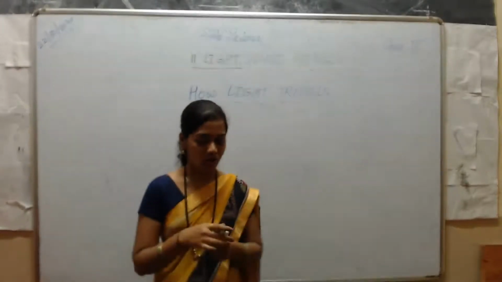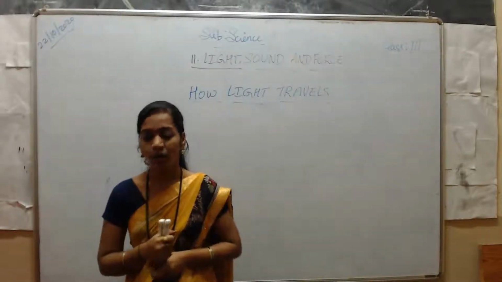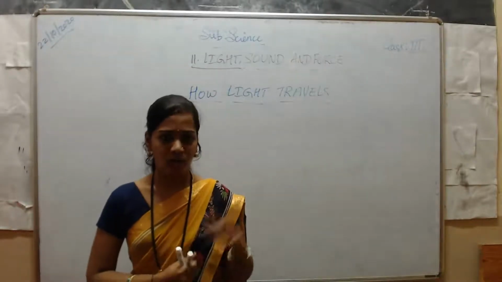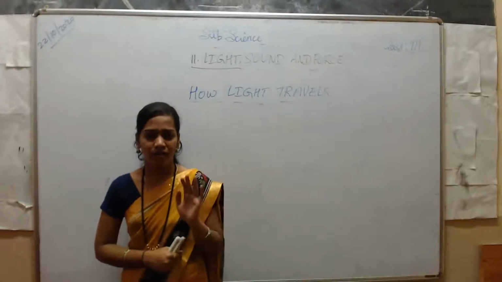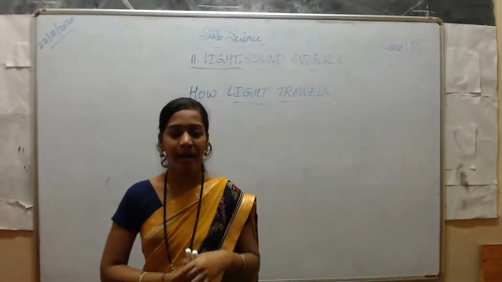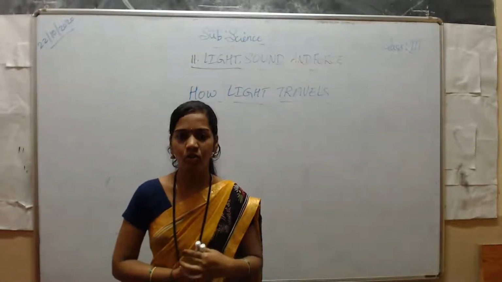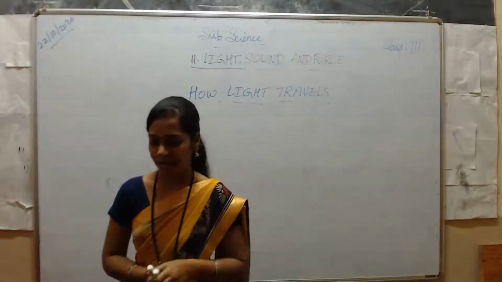The shadow sizes also change. You observe today, students. After this class, go and fix the ruler in the ground in a safe place and see the shadow formation, and the size of the shadows also differs. You can make out that, right?